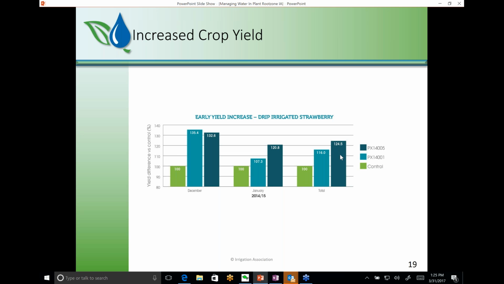One of the comments that the grower made to us is that the most profitable picking of strawberries is that early December picking in Florida. And so when you look at these yields of 33 to 35%, that meant additional revenue in the grower's pocket.